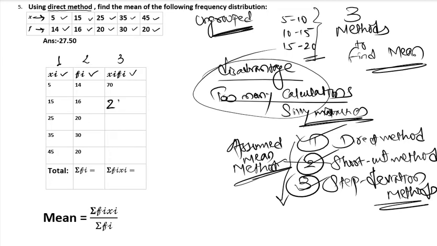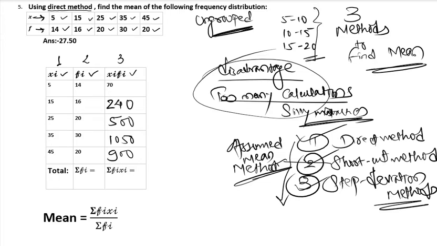So I will write this 240 over here. Then 25 into 20, 500. Then 35 into 30, 1050. Let me just recheck. 35 into 30, 1050. Correct. 45 into 20, 900.